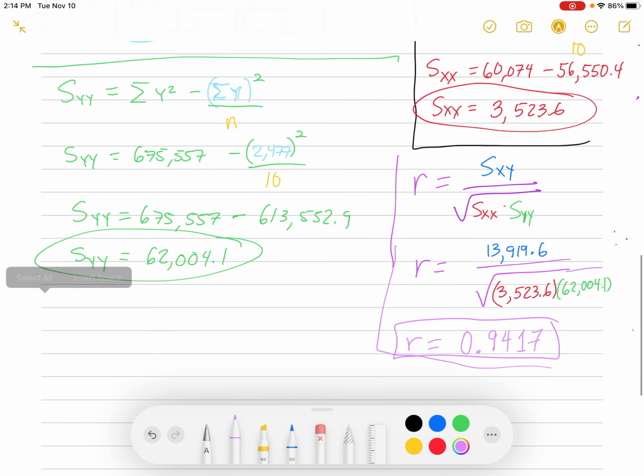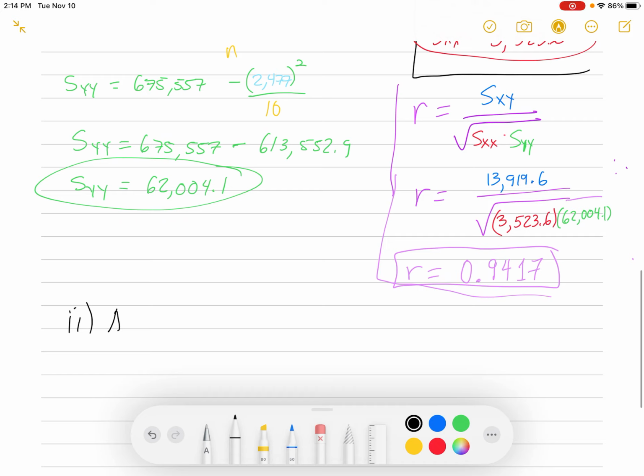Step 2. What are we going to ask? Are the variables directly or inversely related?